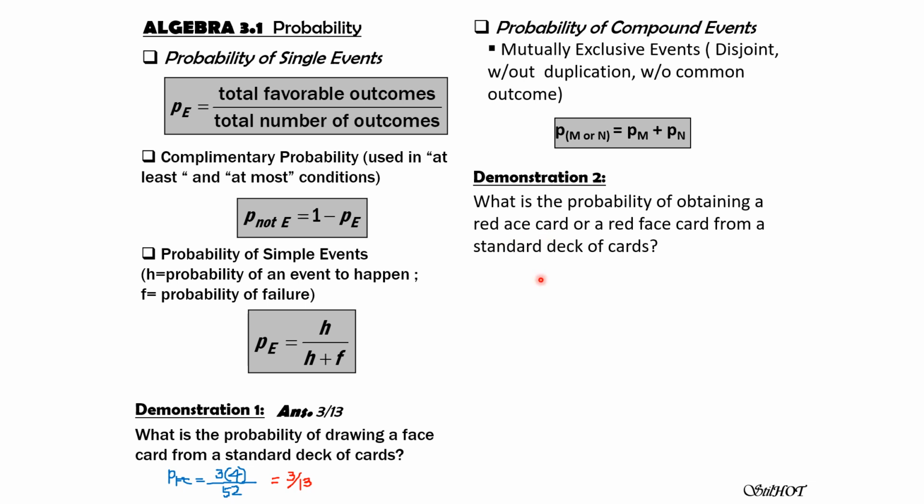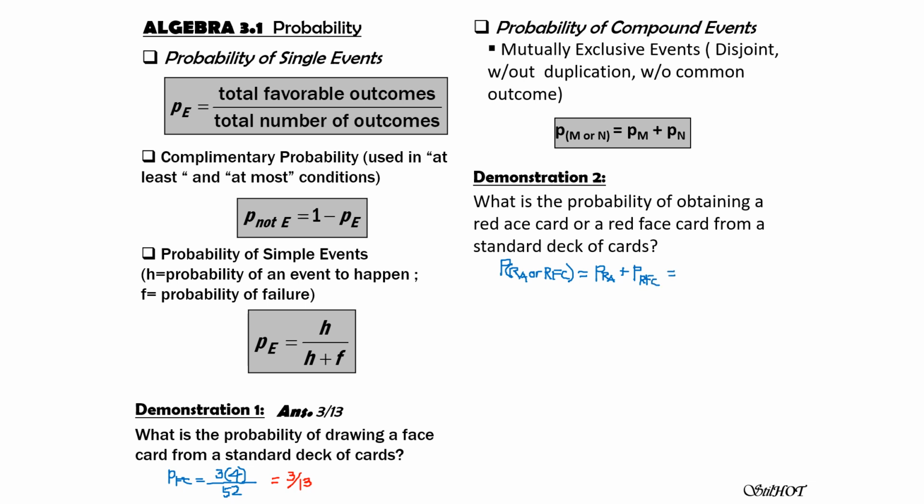If you analyze from the above formula, the probability of obtaining a red ace card or a red face card is equal to the probability of obtaining a red ace card plus the probability of obtaining a red face card.